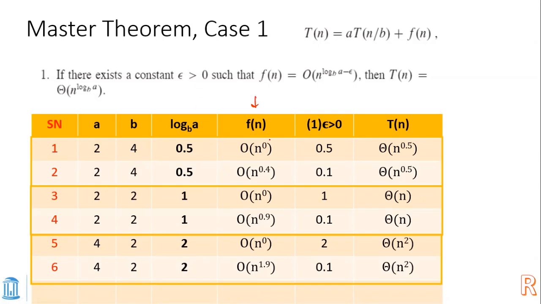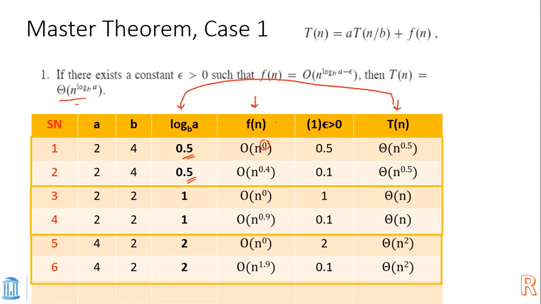So you can see that the driving function has lower power than the watershed function, which is 0.49999. As long as it's less than 0.5, basically the complexity is going to depend on the watershed function.